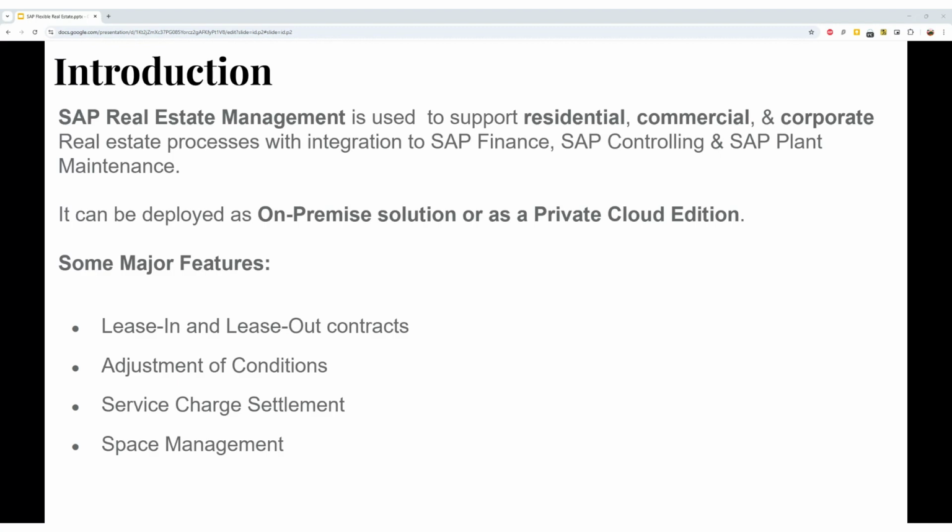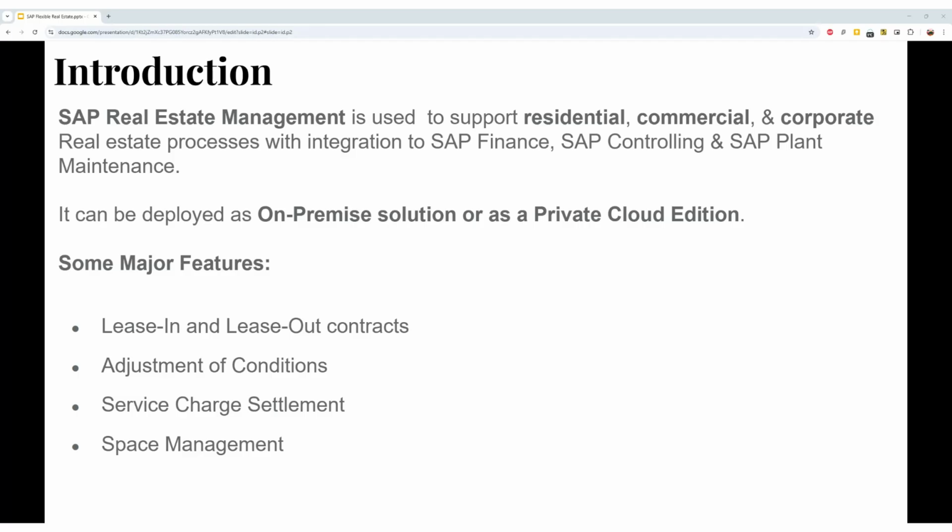Condition adjustment also means that, maybe as a landlord, I'm leasing out my flats to certain tenants, and I have done some refurbishment and want to pass the cost on to the rents. That can also be managed, which we call modernization of the apartment in SAP terminology.